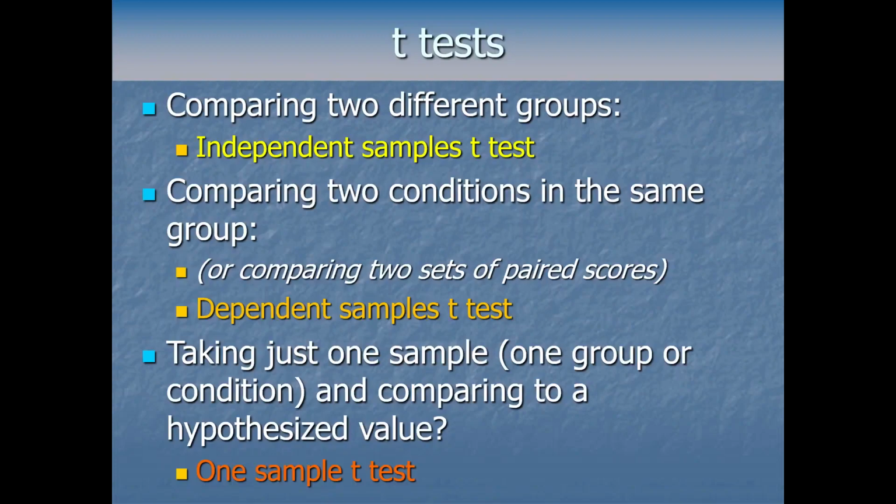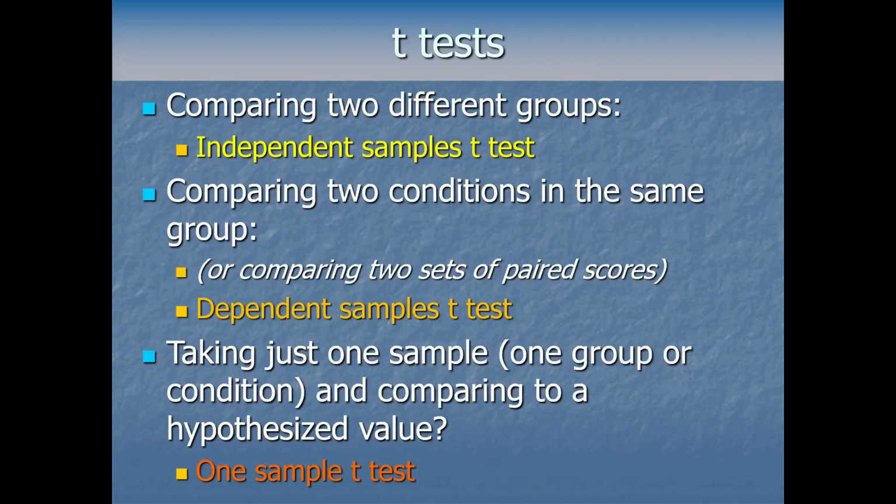Or does the group score on average differ in IQ from what we define as the standard, normal, average IQ of 100? So you can test if your sample is enough standard deviations away from this hypothesized value for you to conclude that this group differs from that hypothesized value. You still calculate a t-value, meaning how many standard error of the means you are away from the hypothesized value.